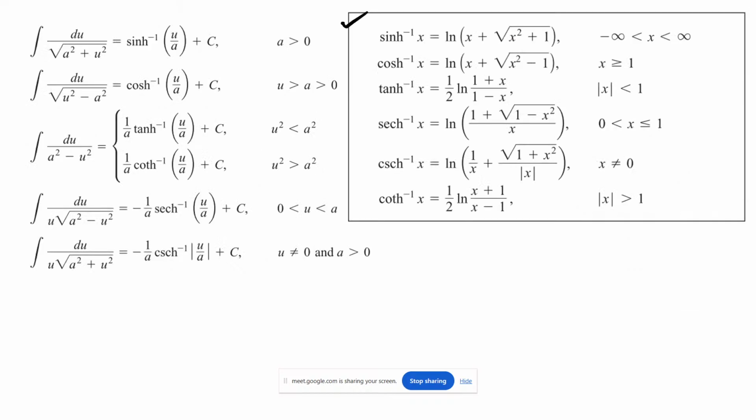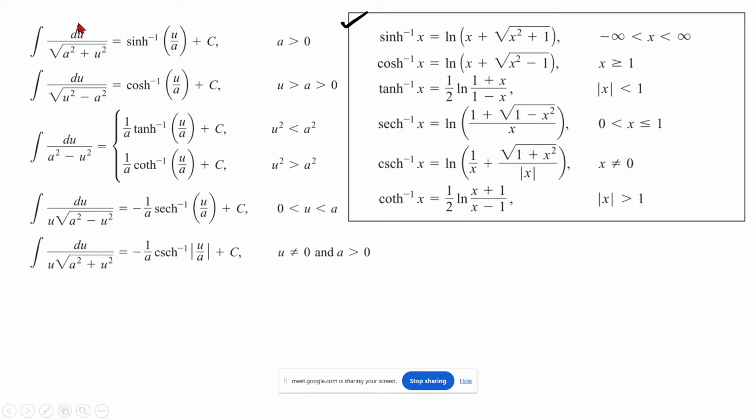In this case, you didn't get 1 by a, but in this case, you got 1 by a. Some people get confused. Try to remember it like this.